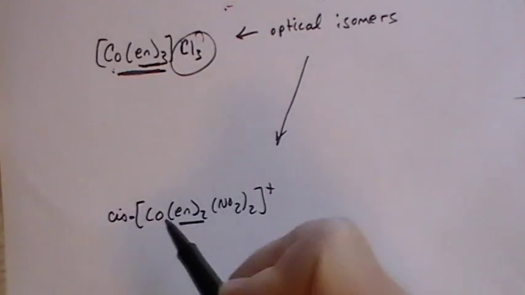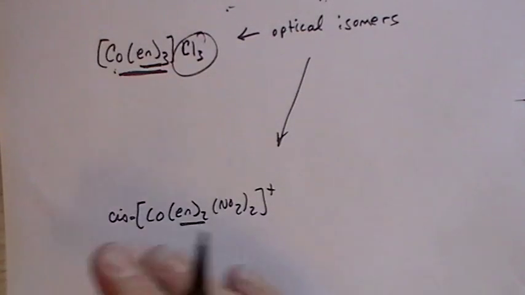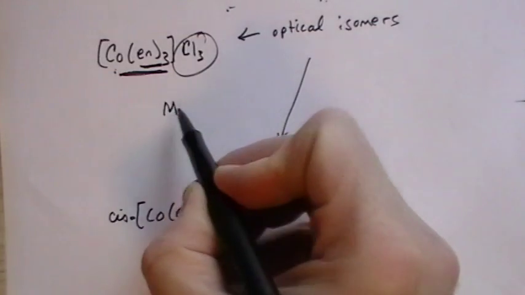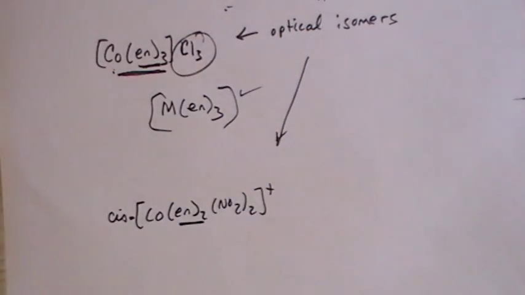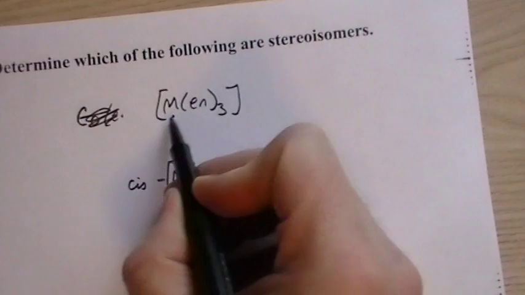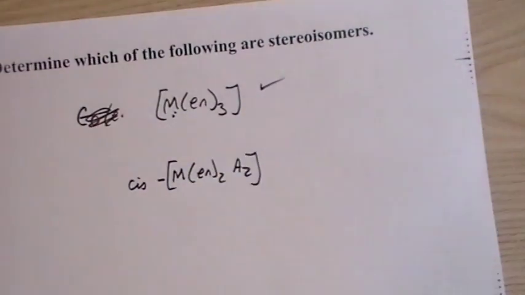But on the exam, if I ask you, from amongst the coordination compounds I'm showing you, which ones are optically active, they'll have a metal. If you see that, then that's optically active. Actually, I drew them out here. I showed the formulas. If this is cobalt or iron, it doesn't matter what the metal is. If it has 3 ethylene diamines, it's optically active.